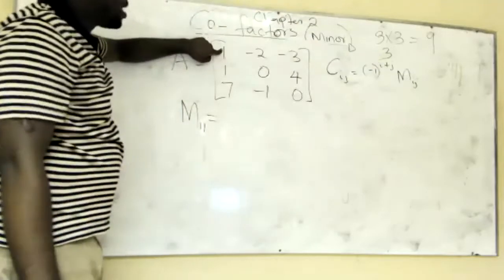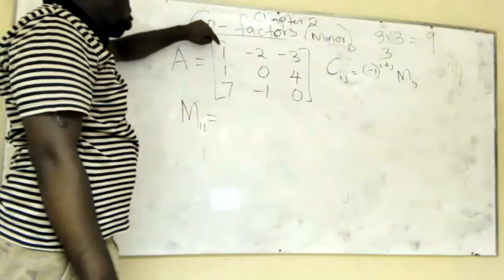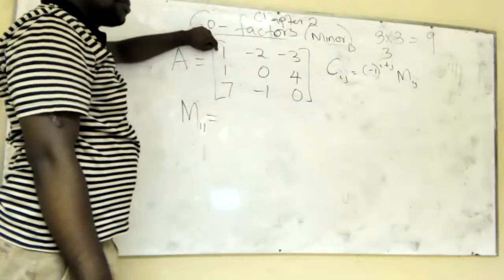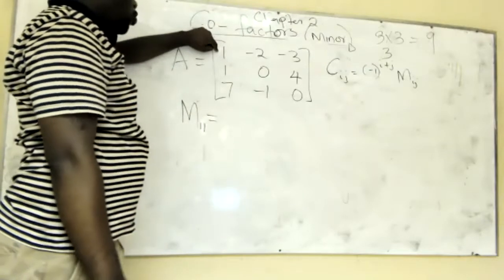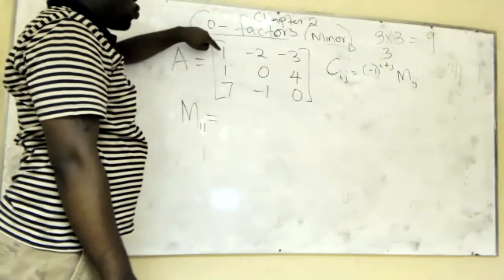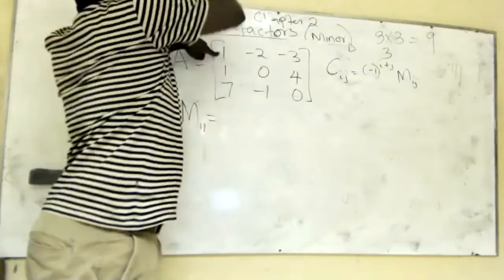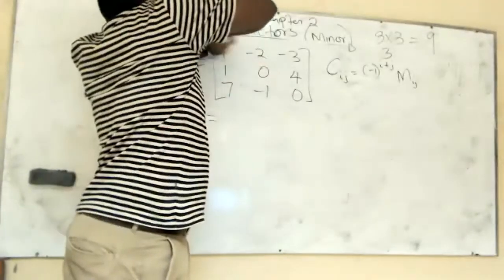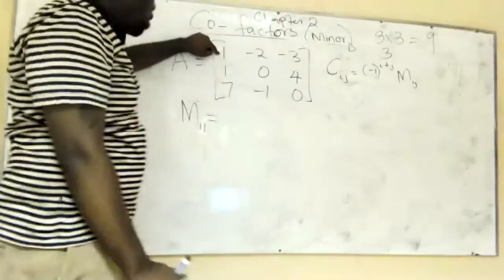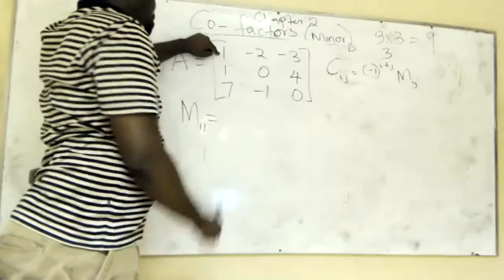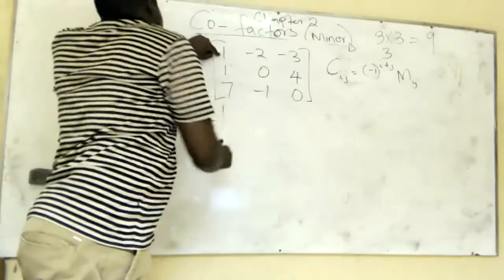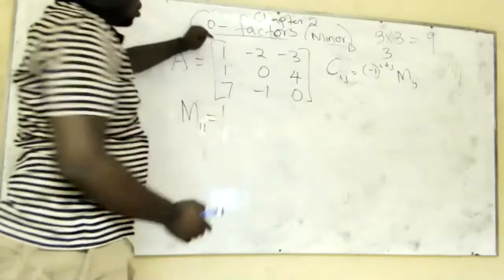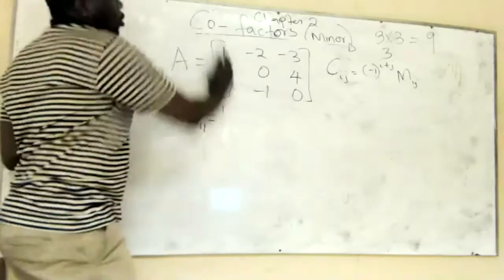Which components are we left with when you hold the first row and the first column? If you hold all components on the first column and all components on the first row, which components will we be left with? 1, 7, -2, -3.